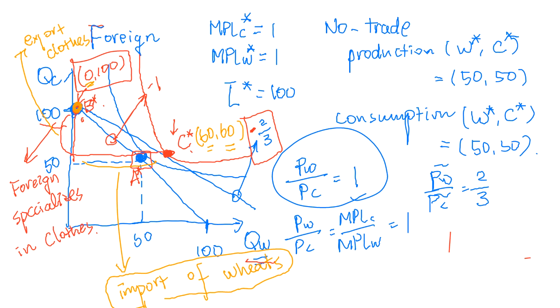So they have to import 60 bushels of the wheat, and they have to export 100 minus 60, that's equal to 40 yards of the clothes. Okay, so that basically is the spirit of the Ricardian model.